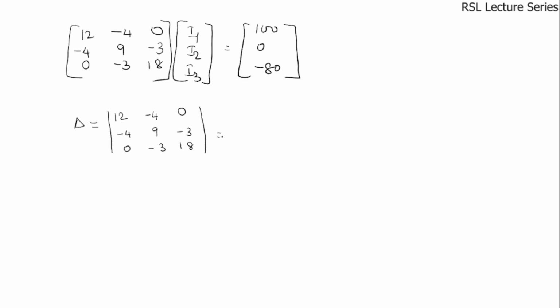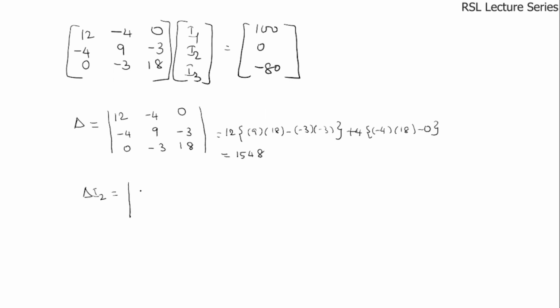So we have to find the determinant value. 12 into (9 into 18 minus minus 3 into minus 3) plus 4 into (minus 4 into 18 minus 0). On simplification, we will get 1548.